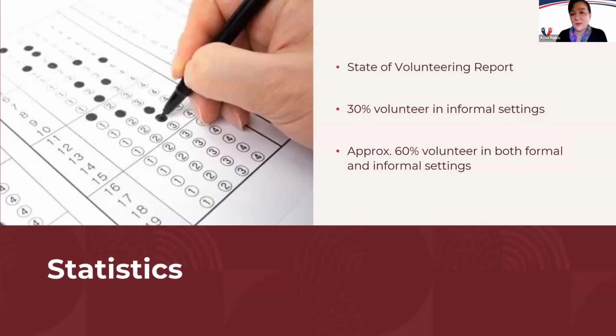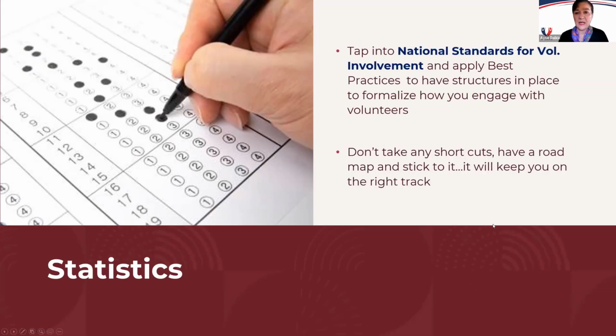That's the sort of thing that I was speaking about earlier with schools and education, parents and citizens volunteering at fetes and what have you. And then the next statistic is 60% volunteering in both formal and informal settings. Today, I'll focus more on the formal setting and how to prepare a role description for the volunteer that you're engaging with. So we'll have a look at the next slide, please.